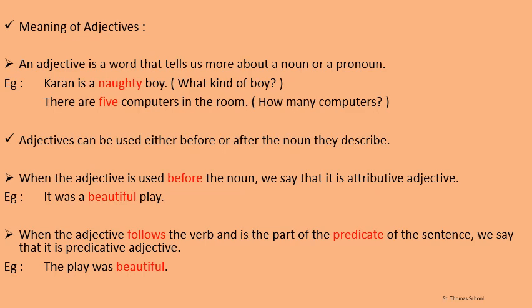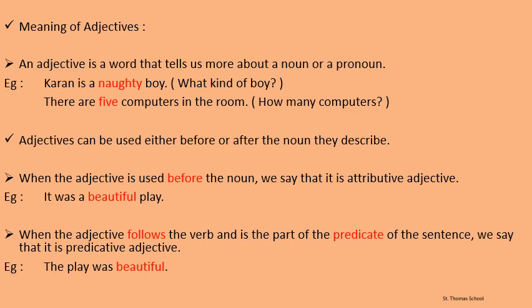So let us see the example of both of these. First one, it was a beautiful play. So here play is the noun and the adjective beautiful is placed before the noun. So it is known as attributive adjective because the adjective is used before the noun.